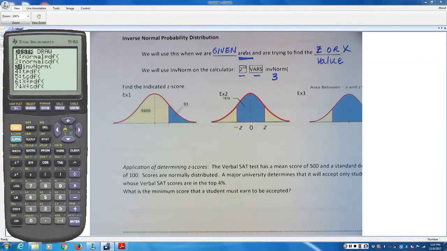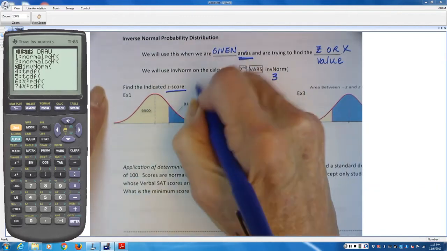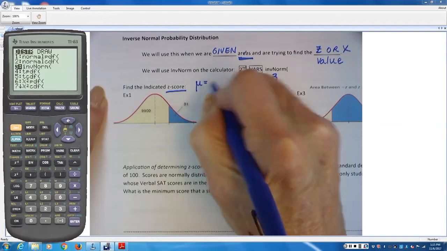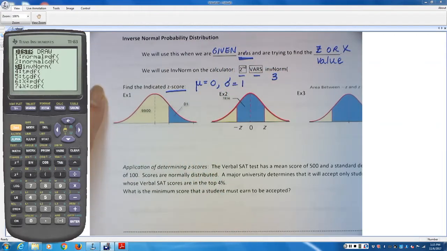Same menu, different option. So on the first one it says find the indicated z-score. And all of these say z-scores, so you need to remember that the mean is 0 and the standard deviation is 1.